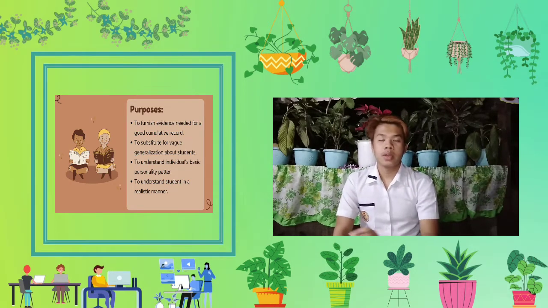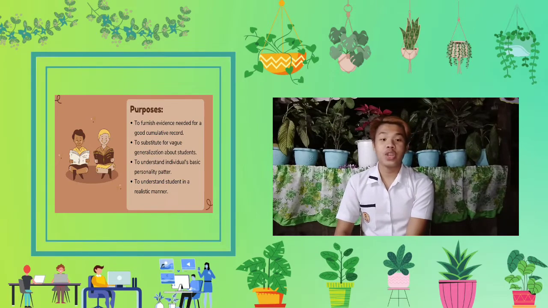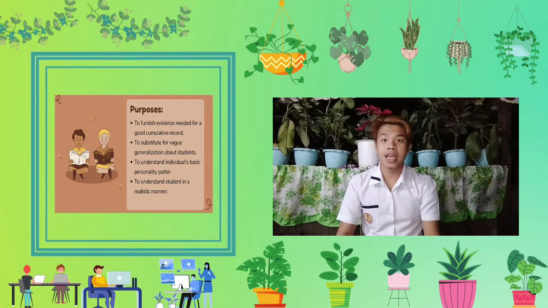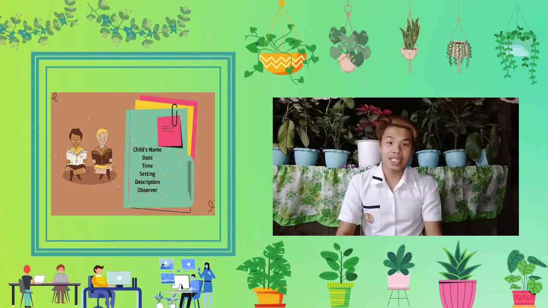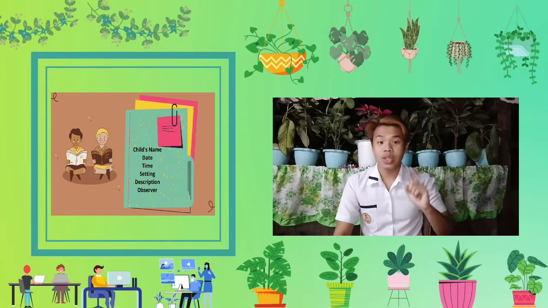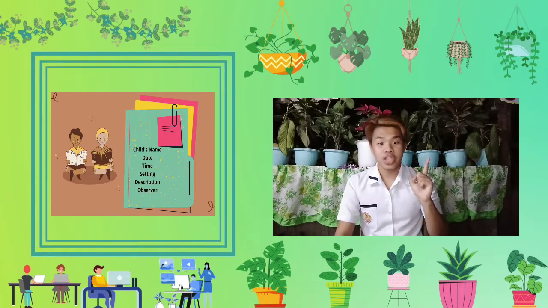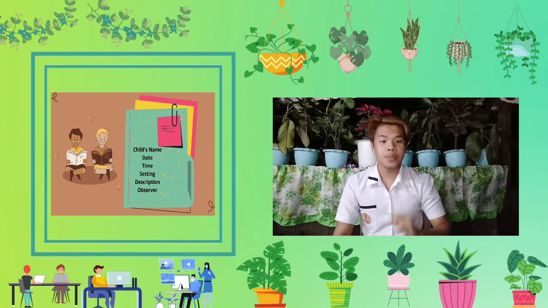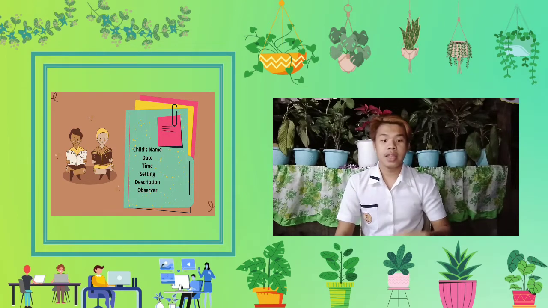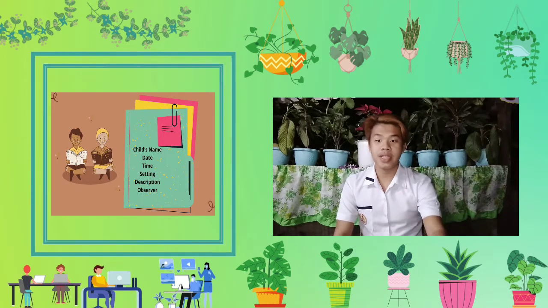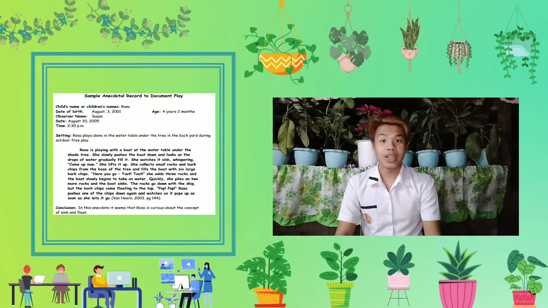So teachers can use clipboards, notepads, sticky notes, mailing labels, and a lot more. Regardless, the notes need to include some basic information, and these are the child's name, date, setting, time, a clear description of the observation, and the name of the observer. And here is the example of anecdotal records.